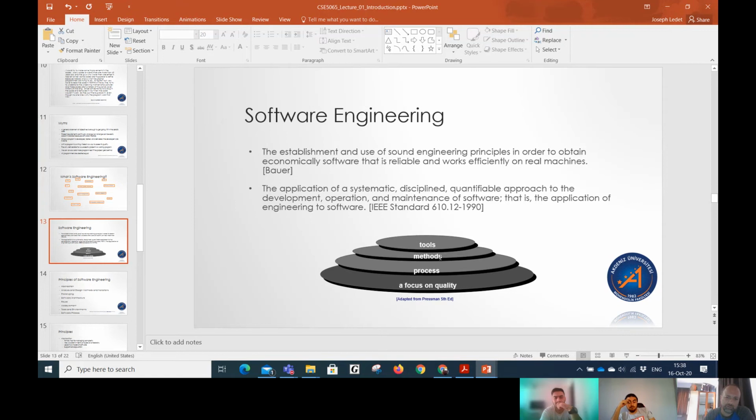What's our methodology for software development? What tools do we use? All this builds on itself. But if we don't have this foundation of a focus on developing quality software, making sure we do everything required to make this system a quality product, then all the rest of this just doesn't matter as much.